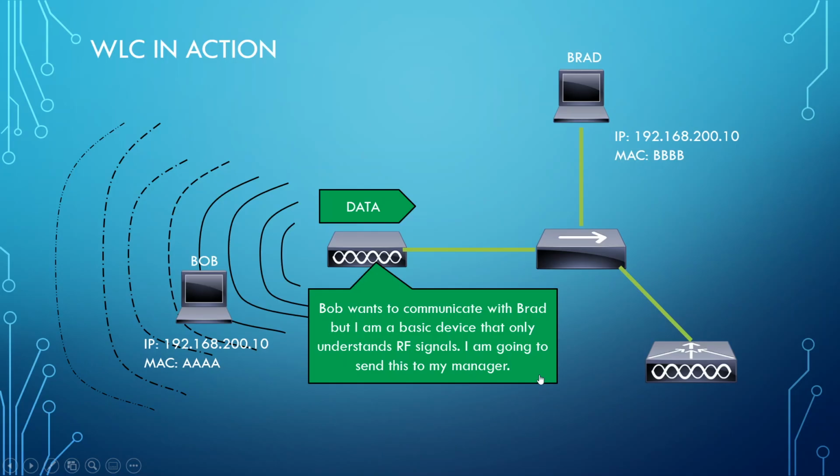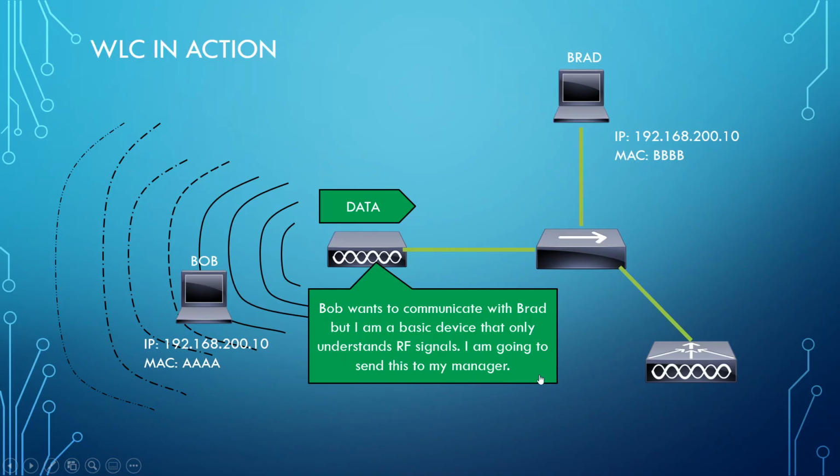He knows, okay, I'm receiving this radio frequency signal from this wireless access point, and if I want to communicate with anybody, either wirelessly or wired, I have to go through this guy. So the wireless access point receives this data, and he's like, okay, Bob wants to communicate with Brad.